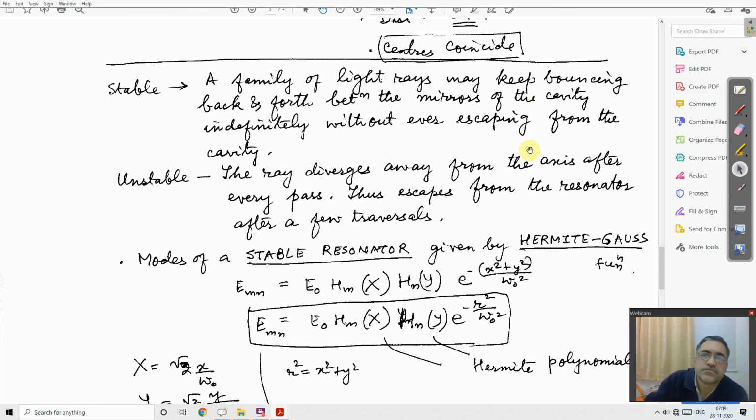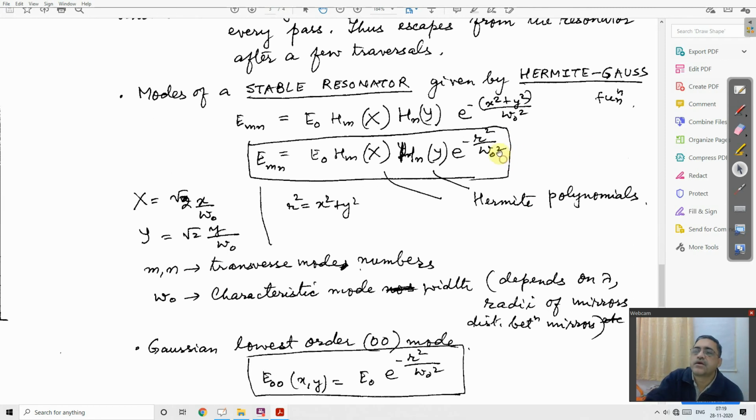Modes of a stable resonator are given by the Hermite-Gauss equation. E_mn is equal to E naught H_m H_n, Hermite polynomials, functions of capital X and capital Y, and you see here it is the Gaussian function. E_mn is equal to E naught H_m H_n e raised to minus r square by omega naught square.